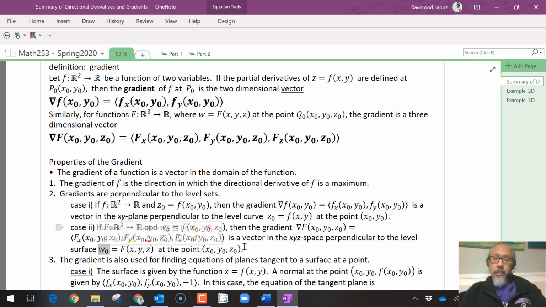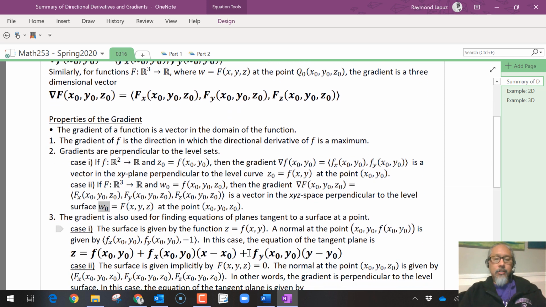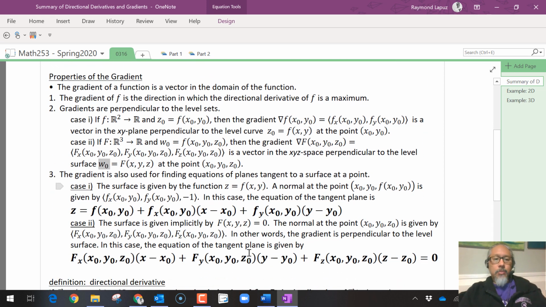So that could lead to a tangent plane if we want, and that in fact will give us property number three. Property number three, the gradient, because it has perpendicular properties, you can look at it as being able to find tangent planes.